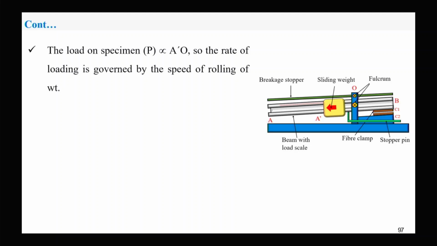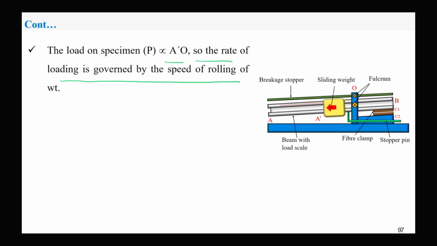So load of the specimen P is proportional to the distance traveled by the sliding weight. So the rate of loading is governed by the speed of rolling. So here we'll see that the speed we cannot keep constant because it's a sliding.